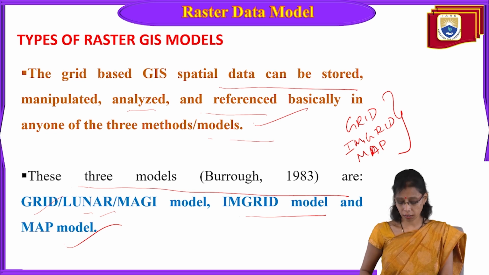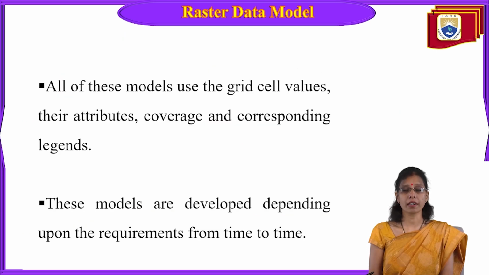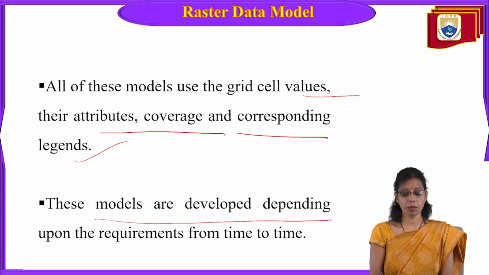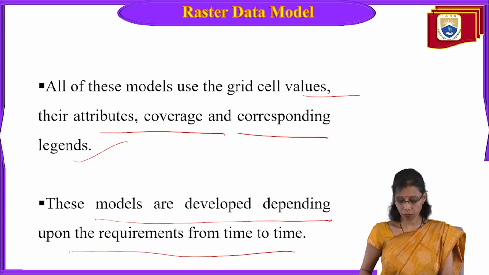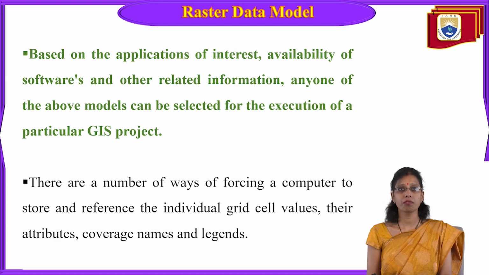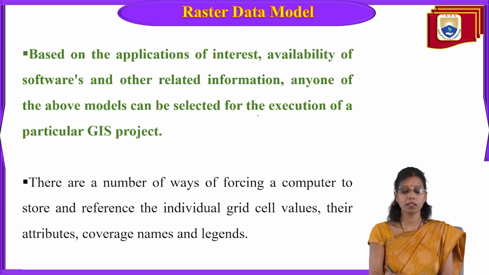So let us understand the raster grid model. All of these models use grid cell values, their attributes, coverage and corresponding legends, and they are developed depending upon requirements from time to time. Based on the application of interest, the availability of software and other related information, any one of these models can be selected for the execution of a particular GIS project.